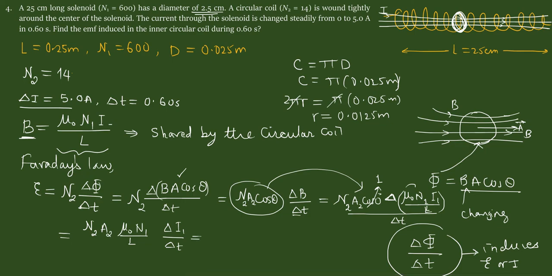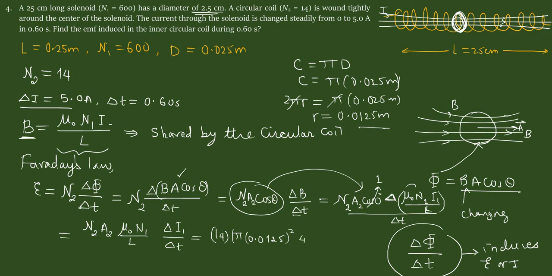So now we will just plug in the numbers. N2 is 14. Now to find area, we use pi r squared. R is 0.0125 squared. That's the area.